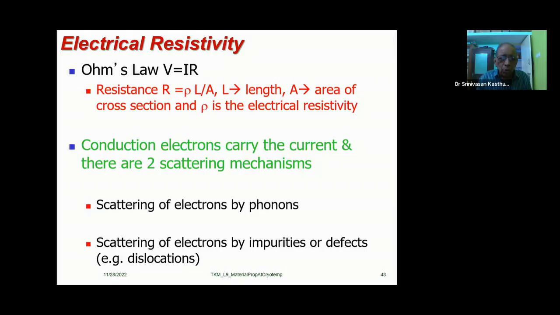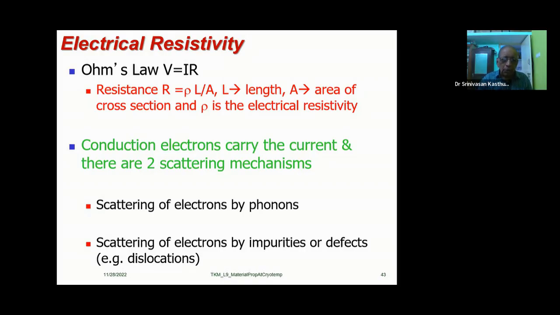So Ohm's law gives you the basic equation. The voltage developed across a path, or suppose I apply a certain voltage across the two terminals of the material, then a current can flow depending on the resistance.